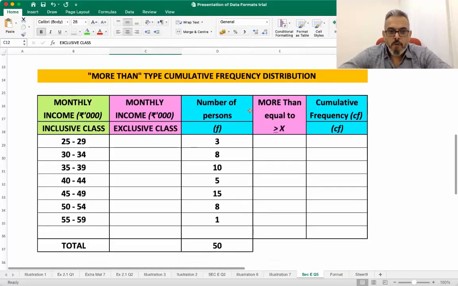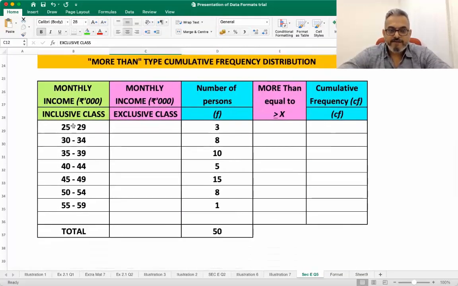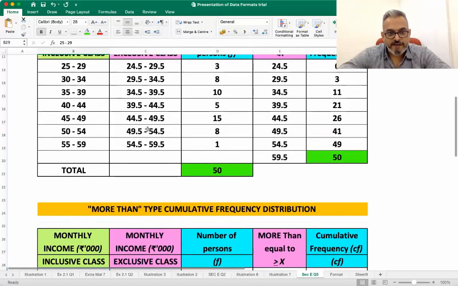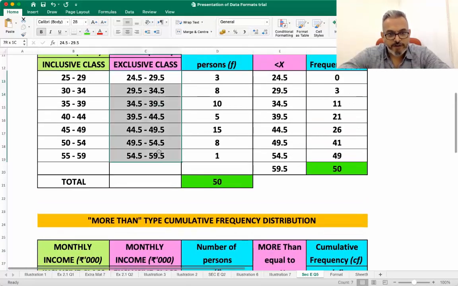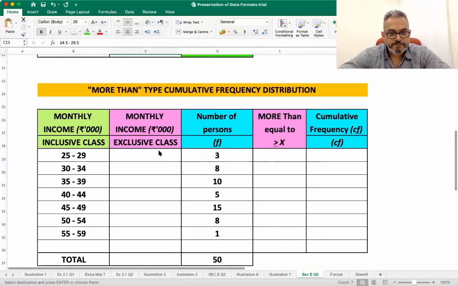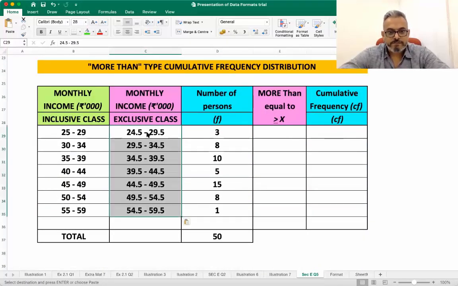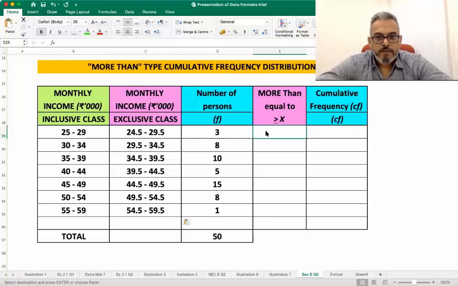Similarly, more than, again the same concept. So again you write all these things once again, make the format. These are the inclusive classes. You make them exclusive classes. Already we have done it over here. More than type.